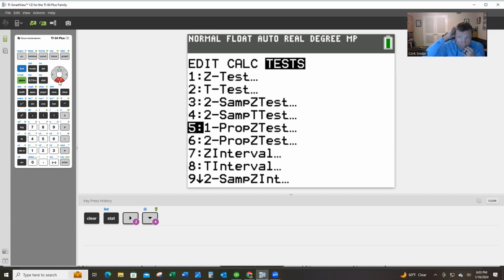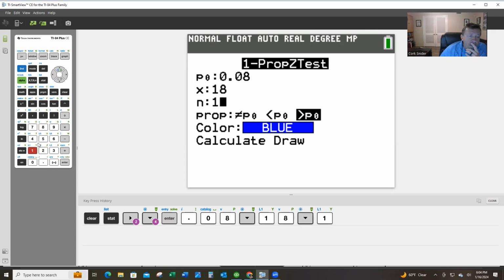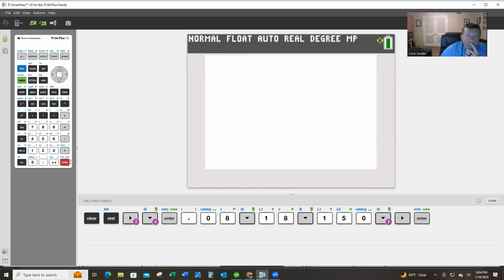Now, a one prop z test is related to one prop z interval. The claim is 8% have the side effect. 18 out of the 150 said they had the side effect. And here is HA is greater than. So what we're going to do is draw it out.